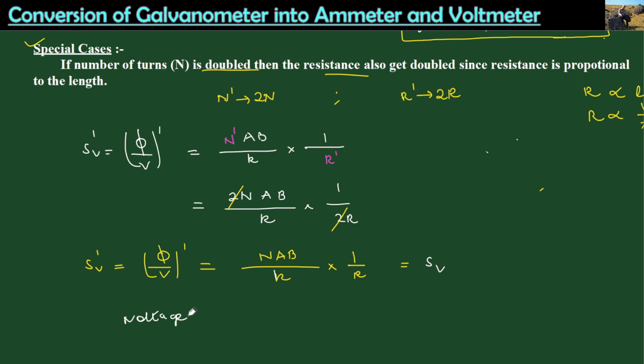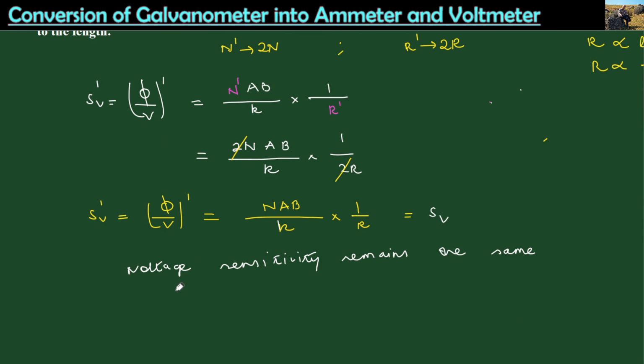The voltage sensitivity remains the same when R becomes twice R, under the condition that N is doubled. So the voltage sensitivity will always be the same.